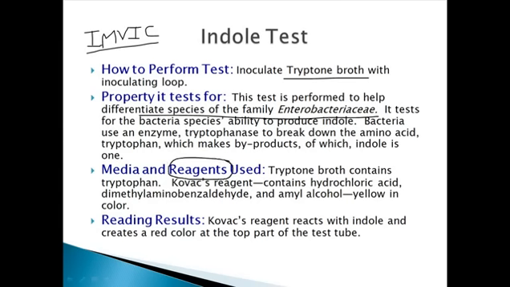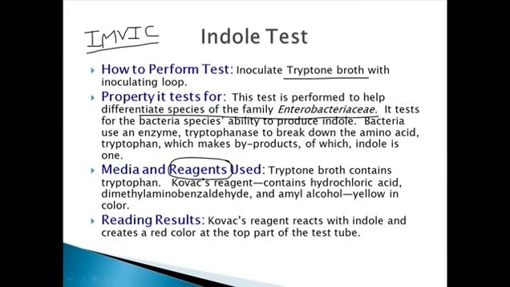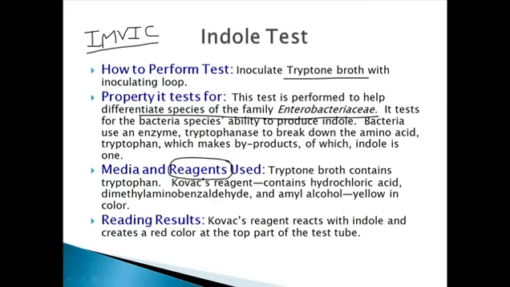In the previous reaction we talked about ONPG and MUG for these enzymatic reactions. Now in this case too we are using reagents. Why? Because in this kind of reaction, we are using the property of the bacterial cell to ferment something, to digest something, to hydrolyze something, and to make a product.